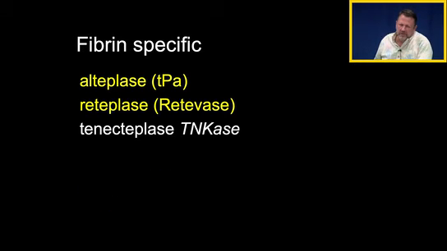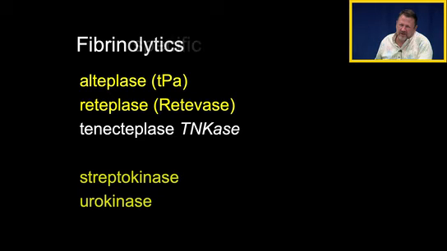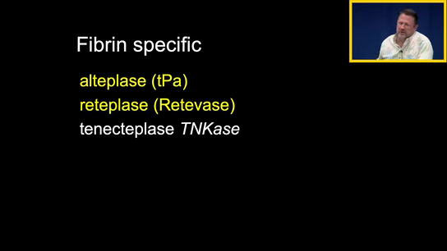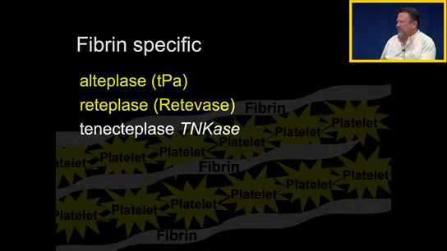All right, well, to make things even more complicated, we're going to divide the fibrinolytics into two categories. There will be ones that are fibrin specific, and that's TPA, Retavase, and TNKase. I definitely want you to know about TPA and RTPA. The older ones are nonspecific.